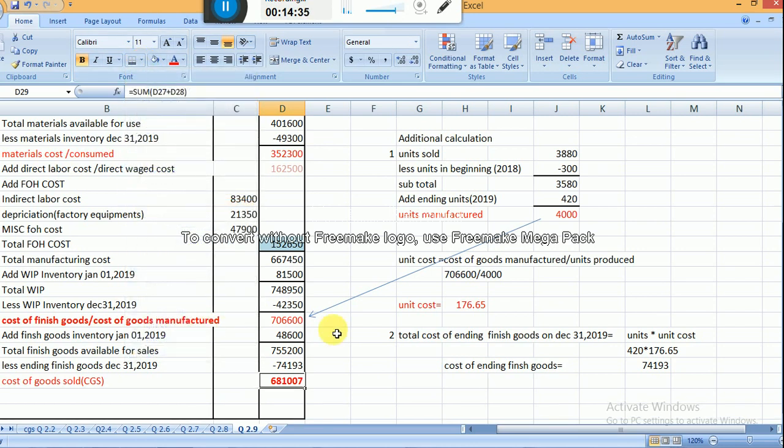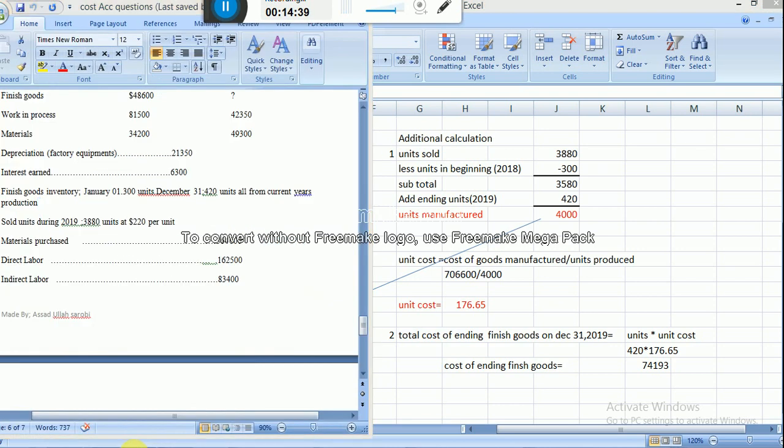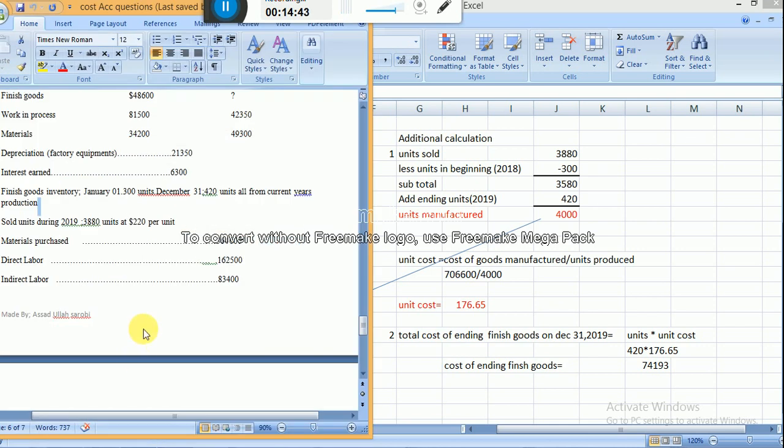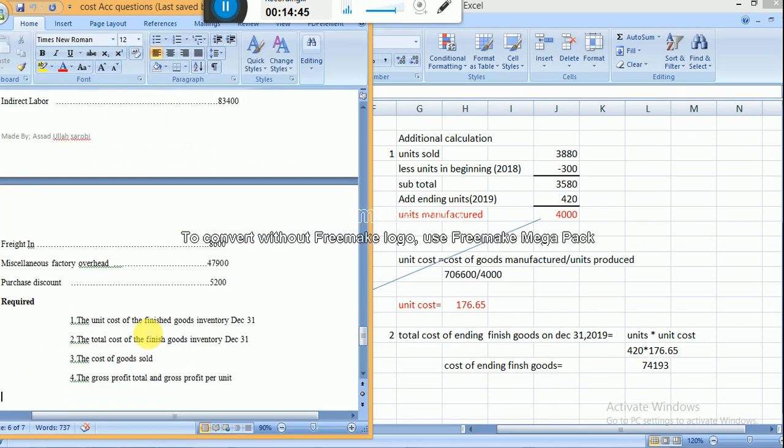If we go to the question and see the requirements: the unit cost of the finished goods inventory is 176.65.